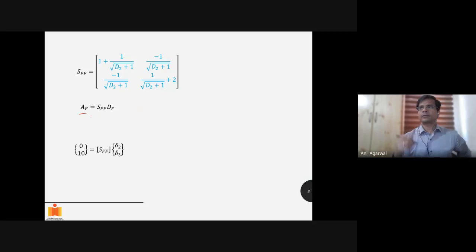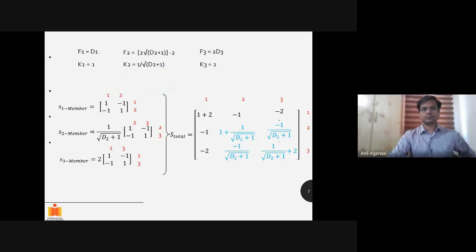So that was the first step, calculating the tangent stiffness matrix. The second step is to solve it. The unbalanced force was 0, 10, the initial force. I have applied 10 kilonewton, right? So that is unbalanced at the 2 free degrees of freedom. Why 0?